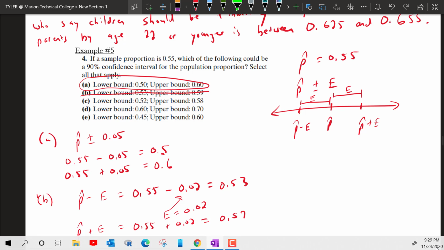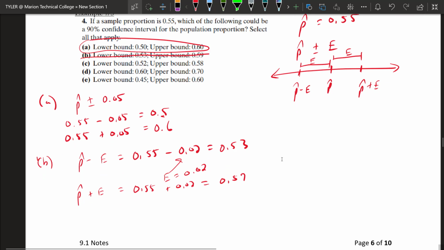Right? So now let's look at C. For C, if I take p hat minus E to get my lower bound, this would be 0.55 minus, and in order to get the lower bound of 0.52, I'd have to subtract 0.03.